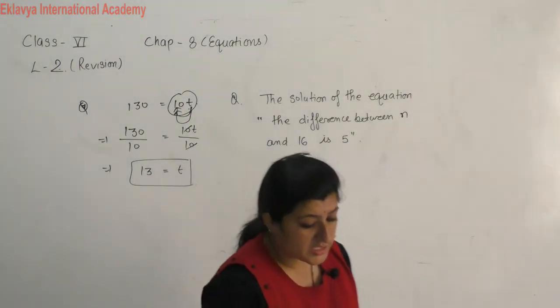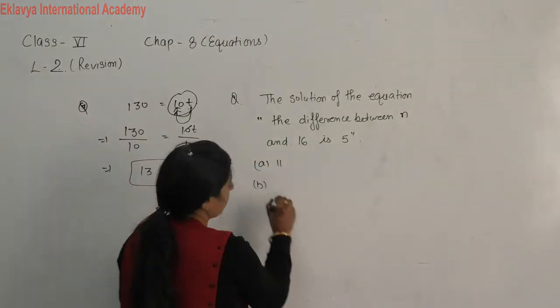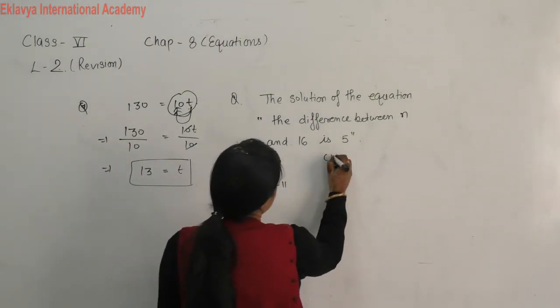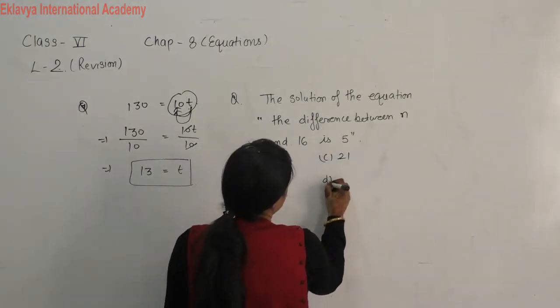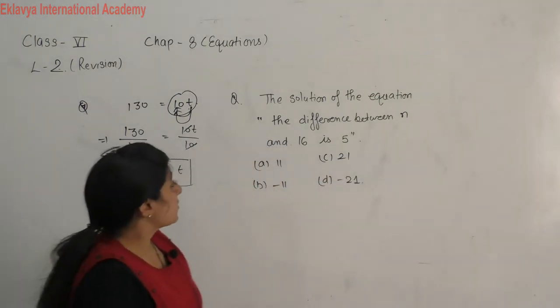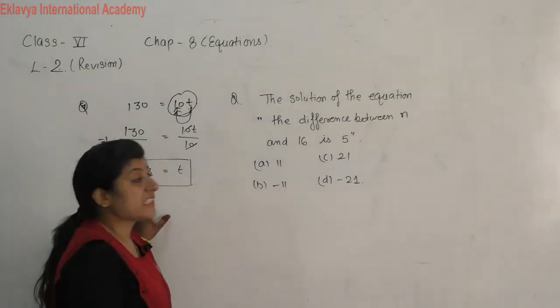Now your options are: A, 11; B, minus 11; C, 21; D, minus 21.